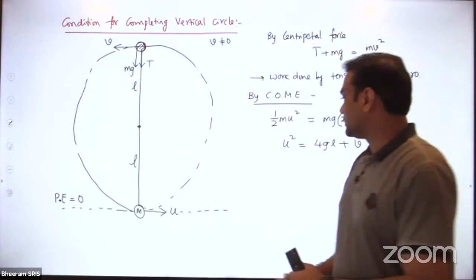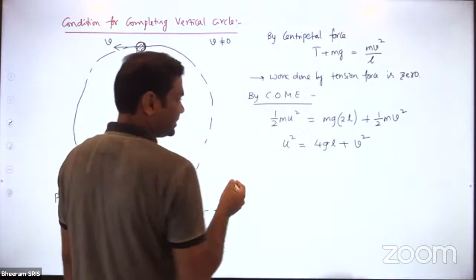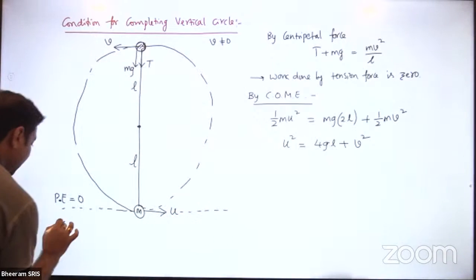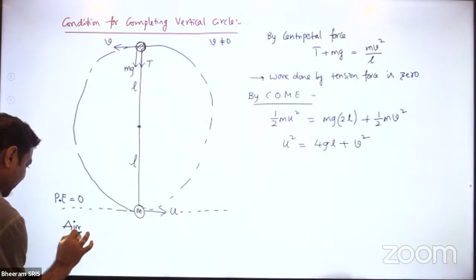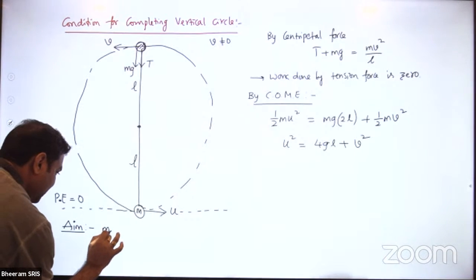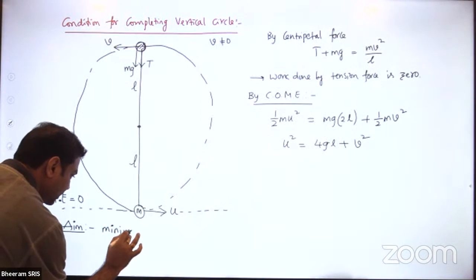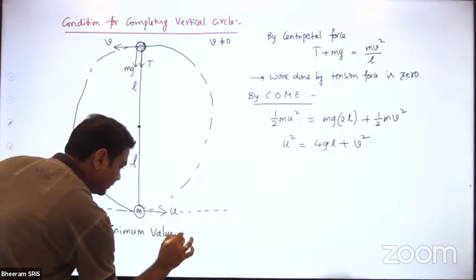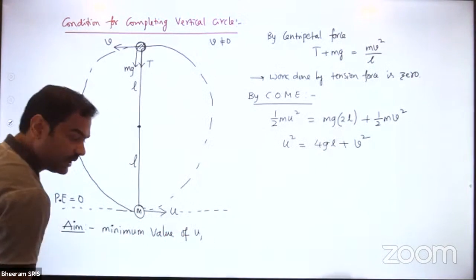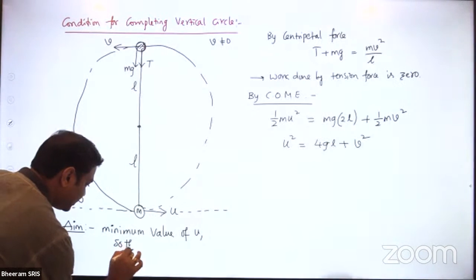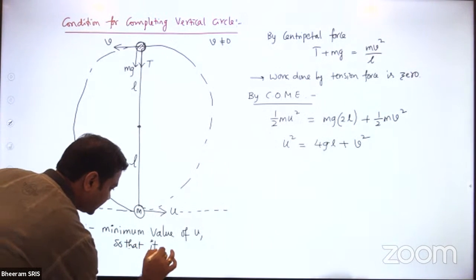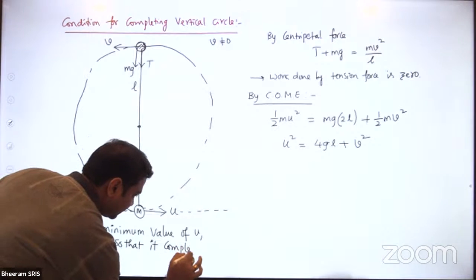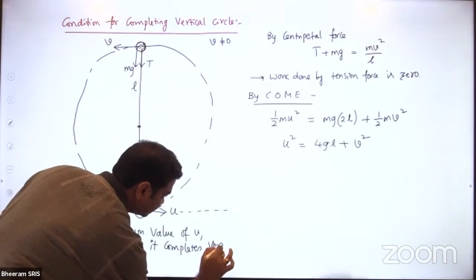Getting my point? So what is the target? What is the aim of this topic? The aim is to find the minimum value of u, or minimum speed, so that it completes a vertical circle.